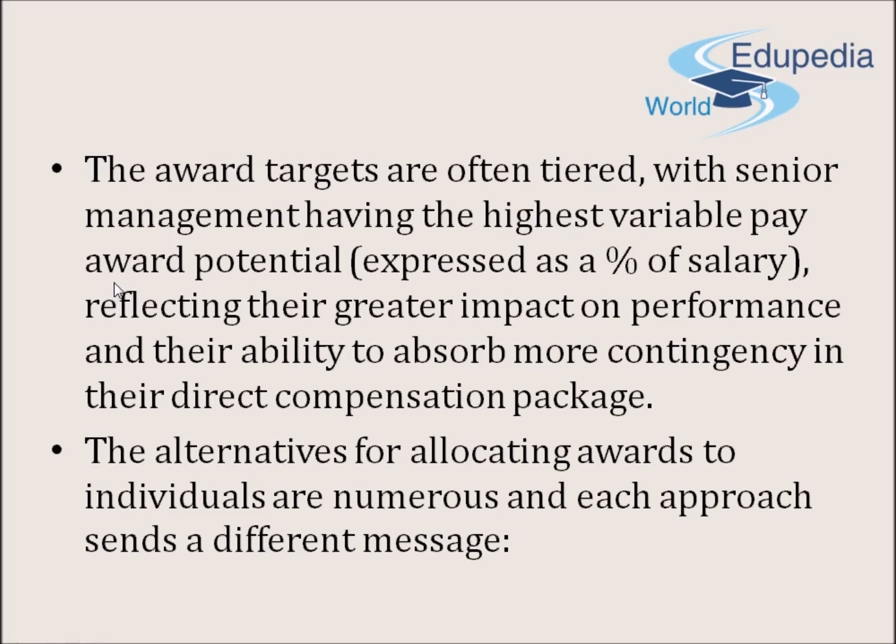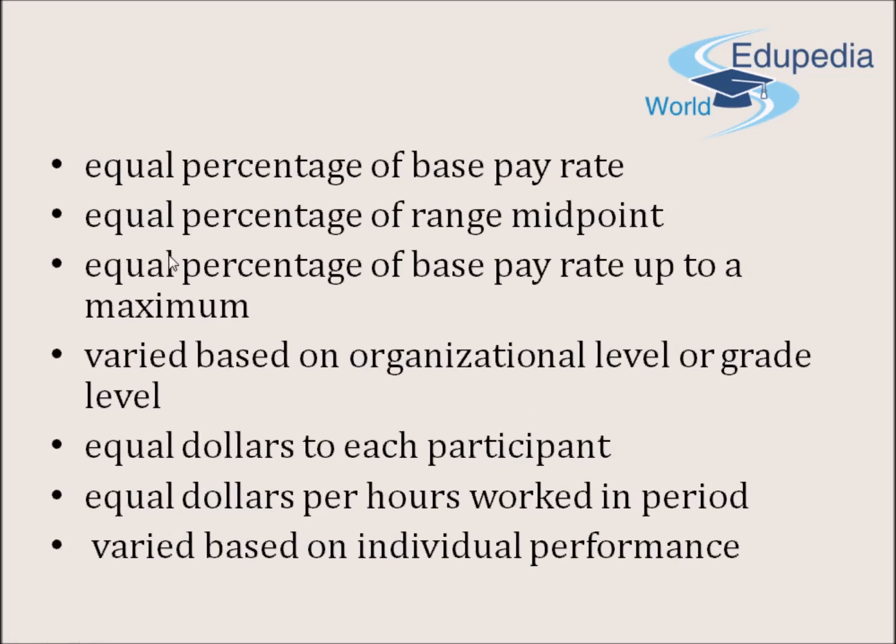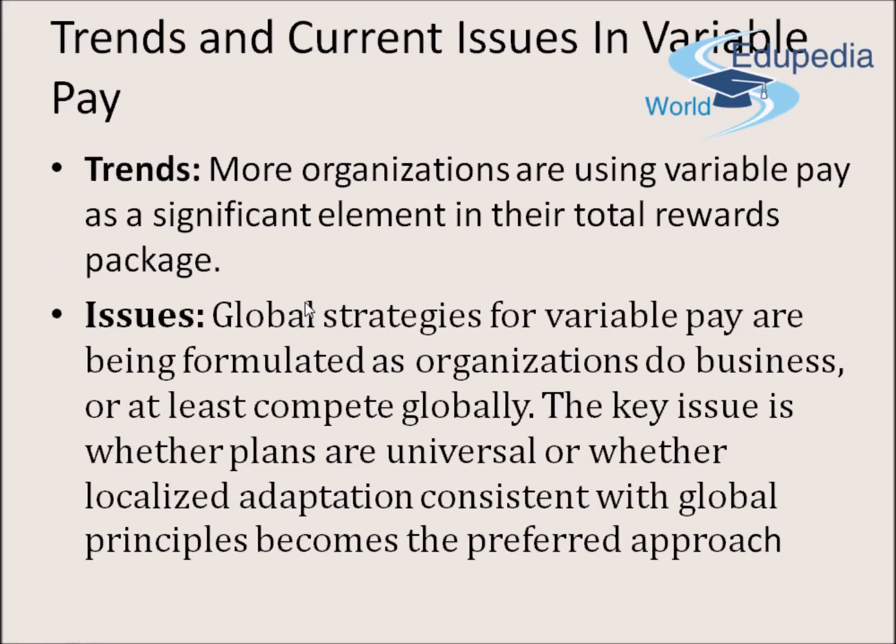The alternatives for allocating awards to individuals are numerous, and each sends a different message, like equal percentage of base pay rate, equal percentage of range midpoint, equal percentage of base pay rate up to a maximum, varied based on organizational level or grade level, equal dollars to each participant, equal dollars per hour worked in a period, varied based on individual performance.